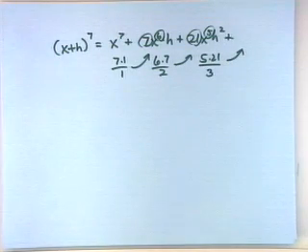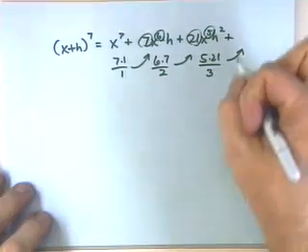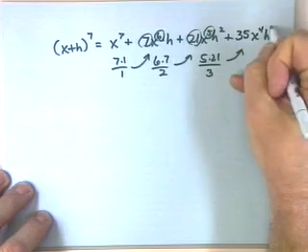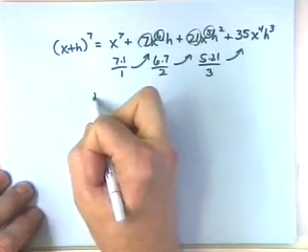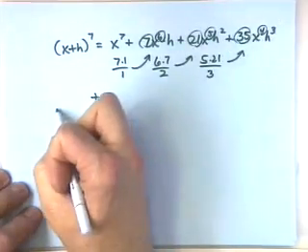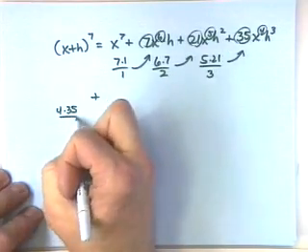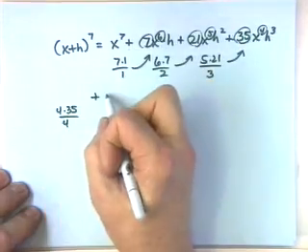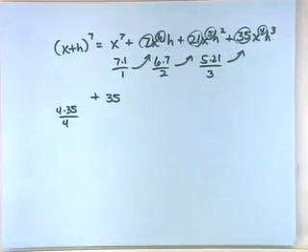What's that? 105 divided by 3, 35? Is that right? Next coefficient, 4 times 35 divided by 1, 2, 3, 4. 35 again. It's working, isn't it?